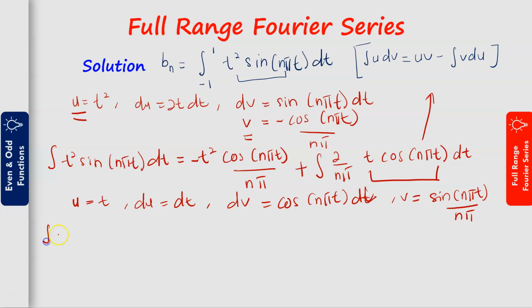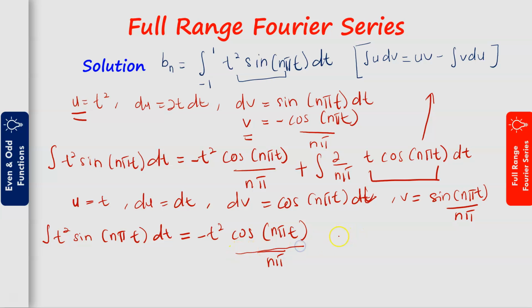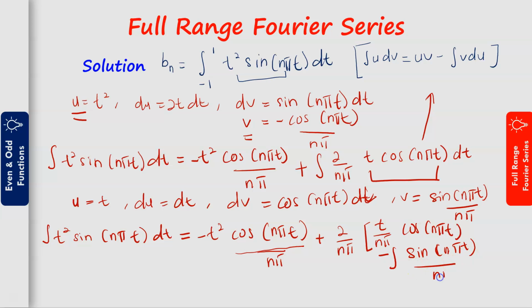And when we substitute here, we use this formula for this integration. We'll have here the integration of t square sine n pi t dt equal to negative t square cos n pi t over n pi, and then plus here 2 over n pi times, using integration by part for this one, t over n pi cos n pi t, and then minus here the integration of sine n pi t over n pi dt. So we need to integrate this one.